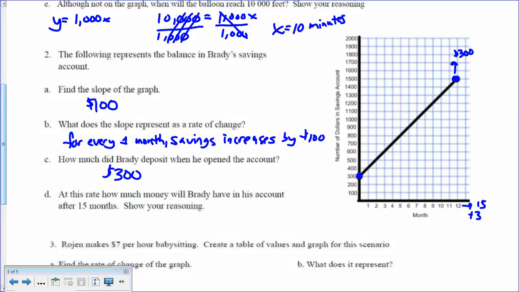So if you add 300 to $1,500, that is $1,800. And again, we've already found an equation for this because we know what our y-intercept is. That's the 300, right? Our slope is 100, so you could have even found the equation and plugged 15 in for x and solved for your cost, y. Okay, but $1,800 was our reasoning there.